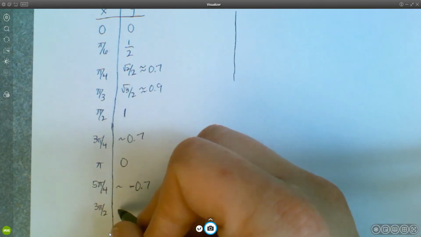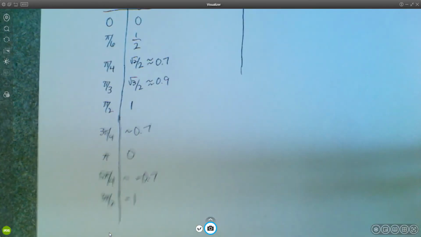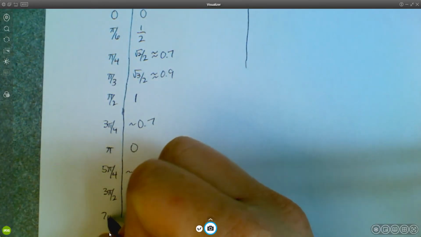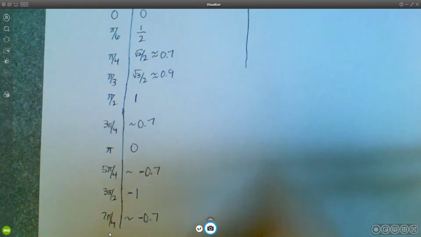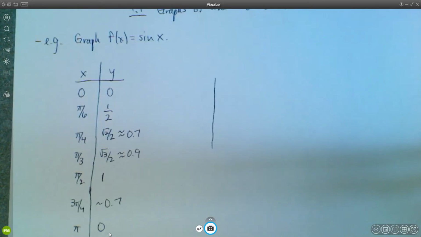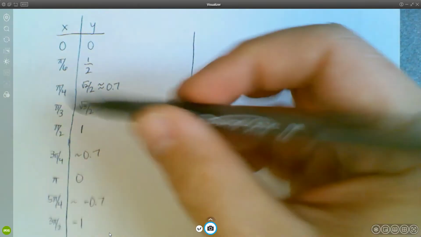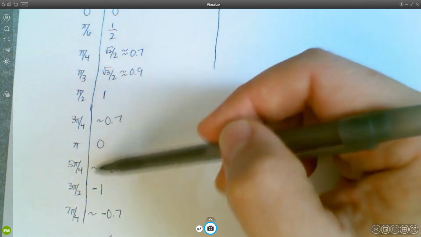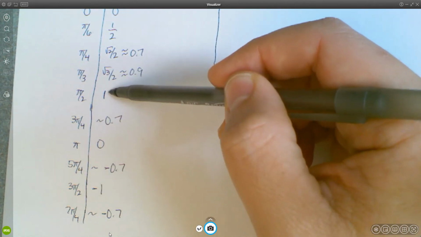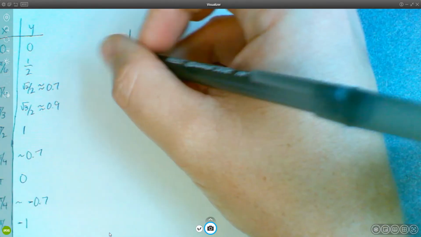At 3 pi over 2, sine is negative 1. And then we would get to 7 pi over 4, and we'd be back at about negative 0.7. And then finally we'd get back to 2 pi, and that puts us back to where we started. Okay, so as you can see, the values always remain between negative 1 at the lowest and positive 1 at the highest.